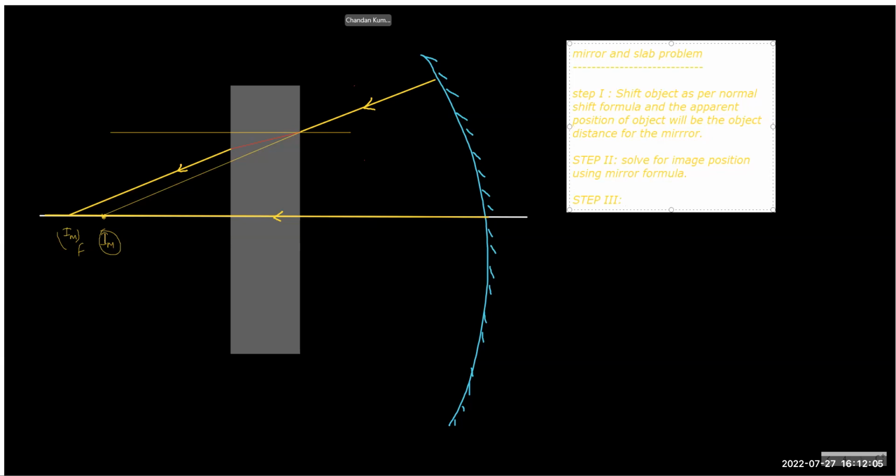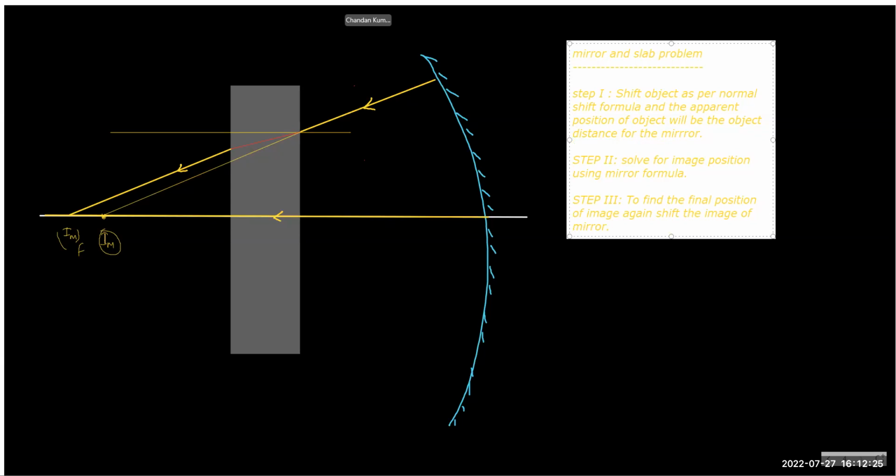And to find the final position of the image, again shift the image of the mirror.